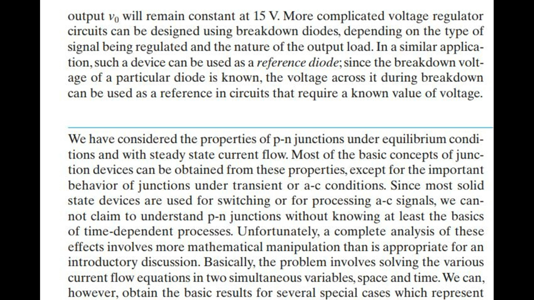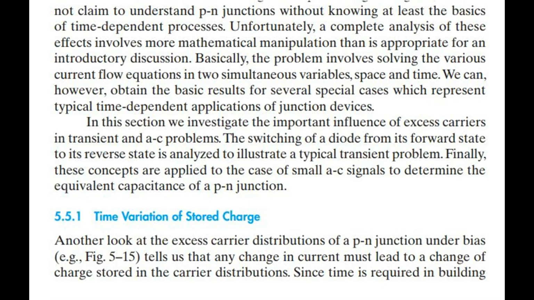Unfortunately, a complete analysis of these effects involves more mathematical manipulation than is appropriate for an introductory discussion. Basically, the problem involves solving the various current flow equations in two simultaneous variables, space and time. We can, however, obtain the basic results for several special cases which represent typical time-dependent applications of junction devices.